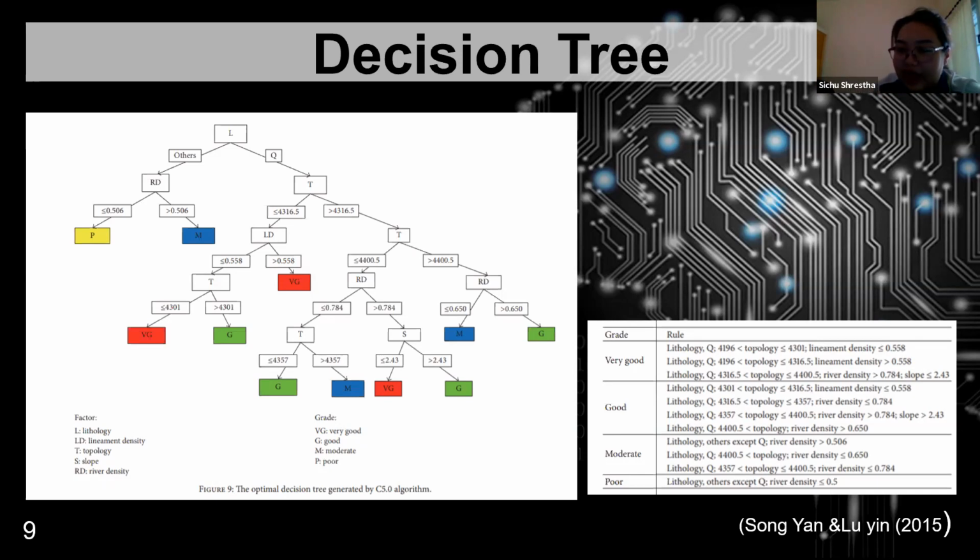It is a rule that creates the number from the model that they created. Okay.